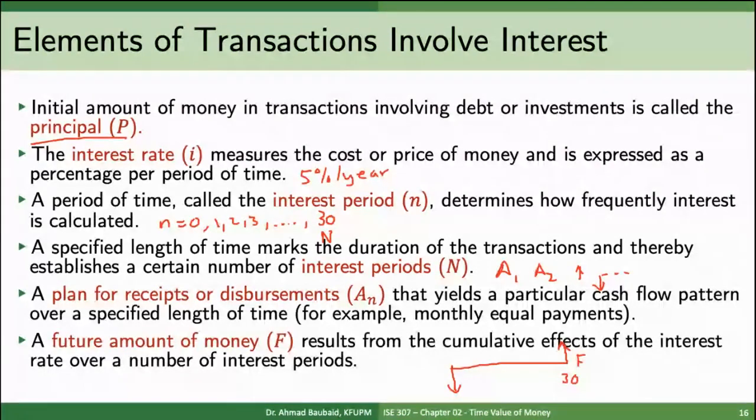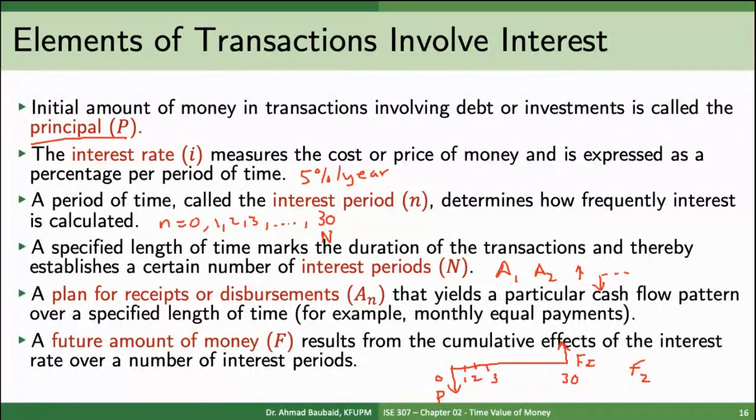And sometimes F can actually be anything. It can be something here in between. And in that case, if this is time 0, and then time 1, time 2, time 3, you'll sometimes see something like F2. What F2 means is that it's the future amount of your principal P, which you're paying at time 0, after 2 time periods. If you don't see an N or a subscript, then maybe it just means at the very end of the investment, right?